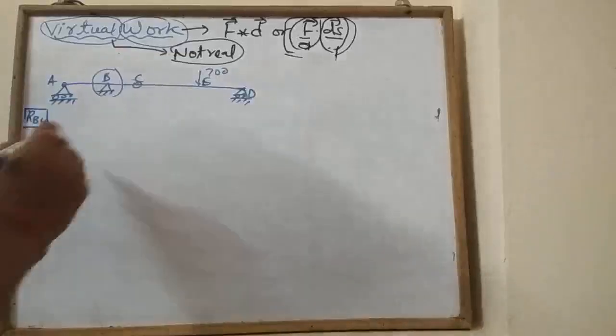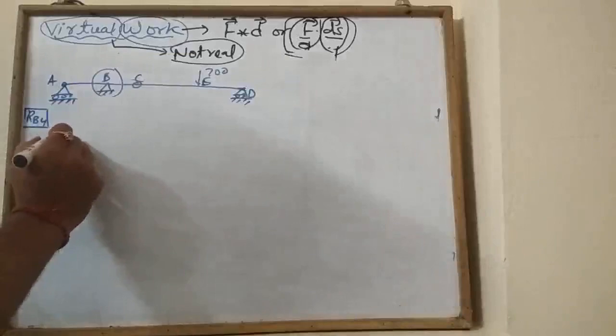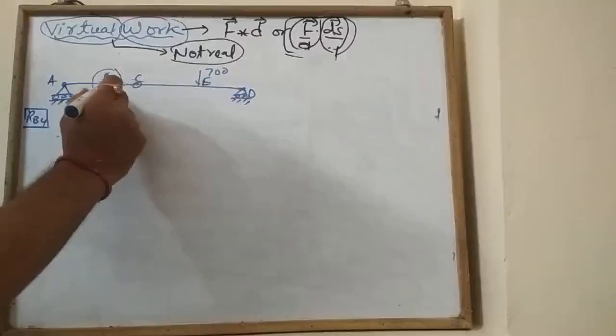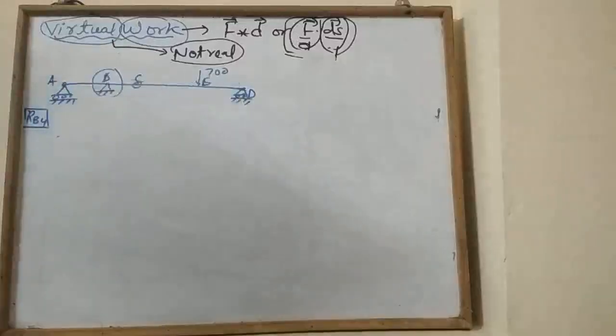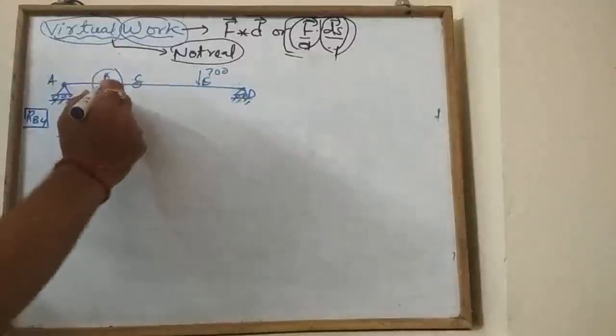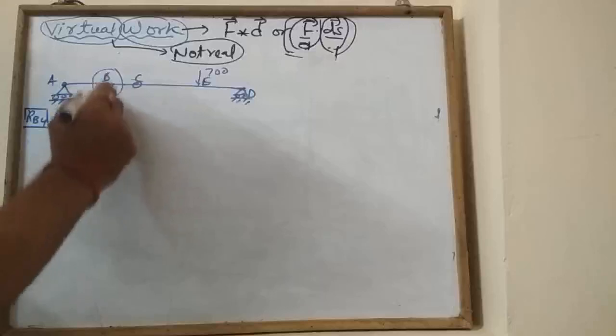Now to calculate RBY, the other support should be kept constant and should not be moved, but this point should be moved.